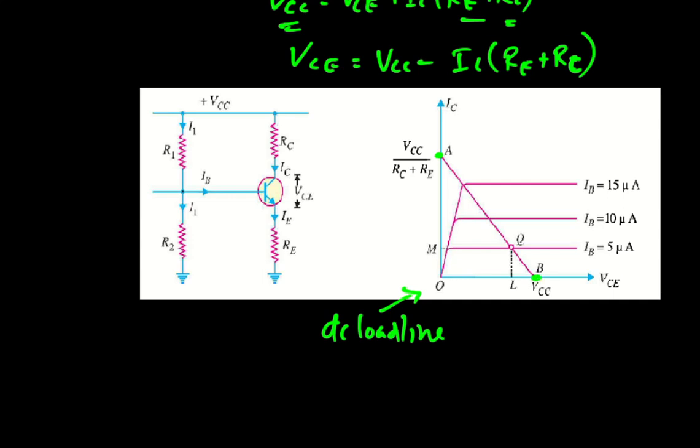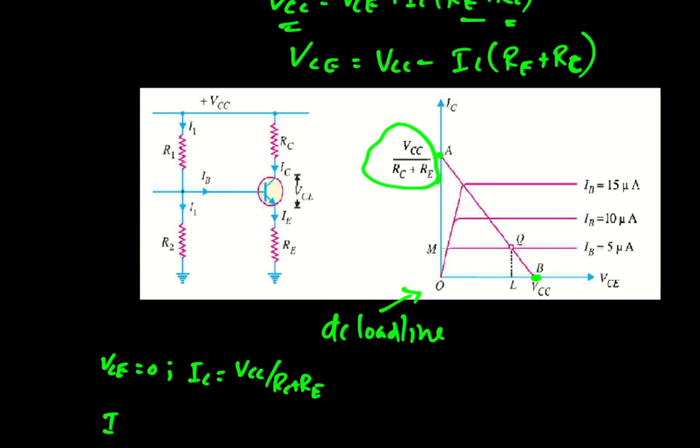Now to draw a straight line, we need the two endpoints A and B. Point A is on the y-axis, that is, on the IC axis, where VCE is equal to 0. So when you set VCE equal to 0 in the above equation, we get IC equal to VCC by (RC plus RE). This is point A on the DC load line. The other point B is on the x-axis, that is, the VCE axis, where the value of IC is 0.